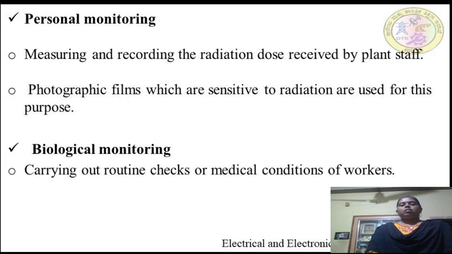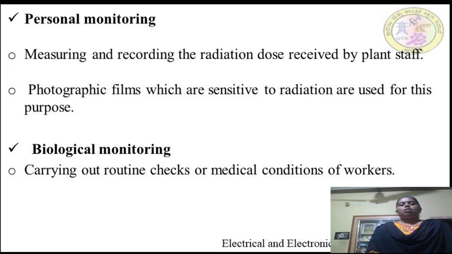The next impact is personal monitoring. In personal monitoring, measuring and recording the radiation dose received by plant staff. Photographic films which are sensitive to radiations are used for this purpose.